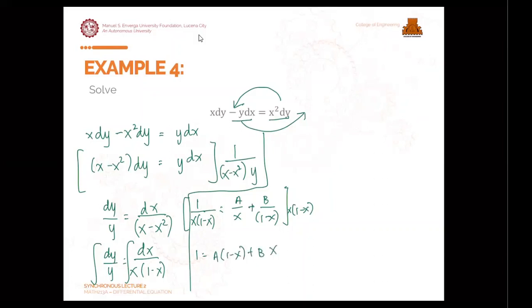Okay? Then kapag nag-assume tayo ng values, so if x is equals to 0, so yung dito sa a natin, magiging 1 minus 0, yung b natin 0. Kasi a is equals to 1. Then kapag x is equals to 1, yung a naman natin magiging 0. Then b natin b equals to 1.